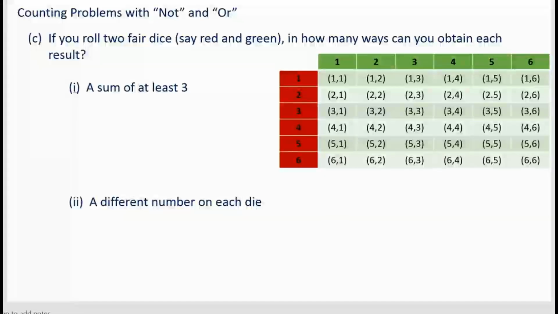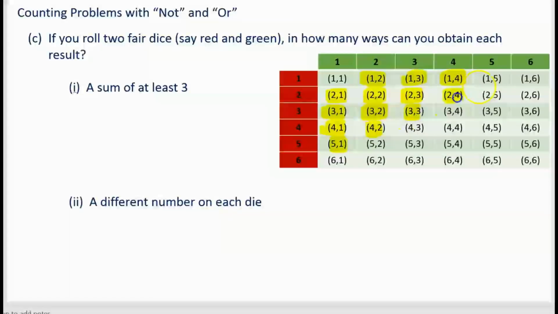Now, there are two ways you could do this, especially with all the outcomes sitting right in front of you. You could focus on a sum of at least 3, right? So that's at least 3, that's at least 3, that's at least 3. Remember we talked about the diagonals having a sum, like every one of those that I just highlighted, 1 and 3, 2 and 2, 3 and 1, they all add to 5.